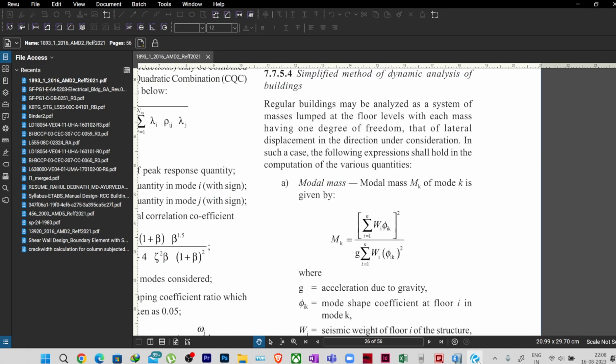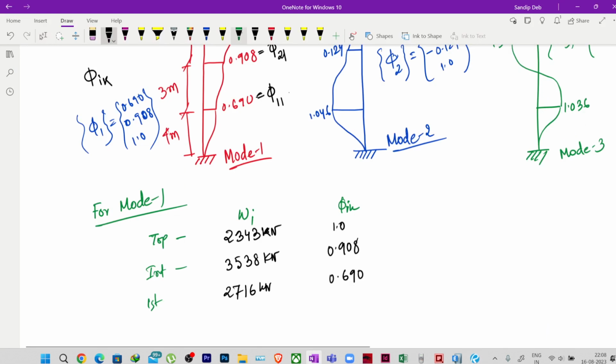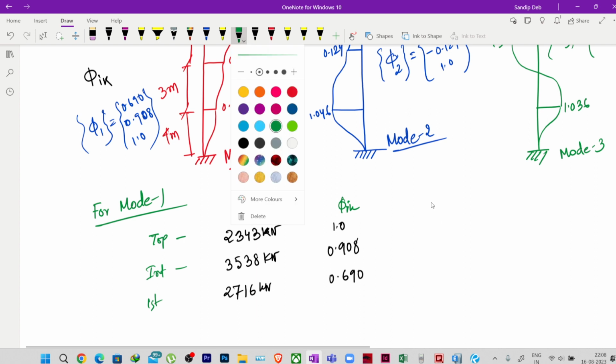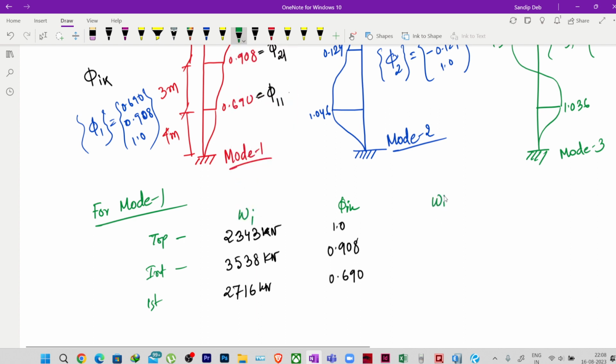Now what do I need? I need Wi phi ik. So simply you have to multiply these two. It will be 2343.